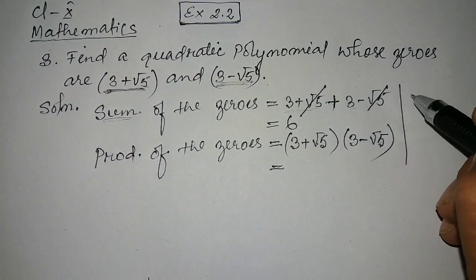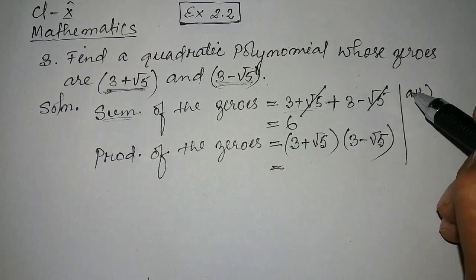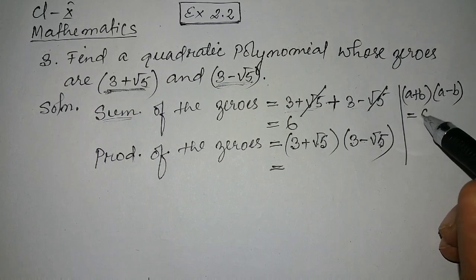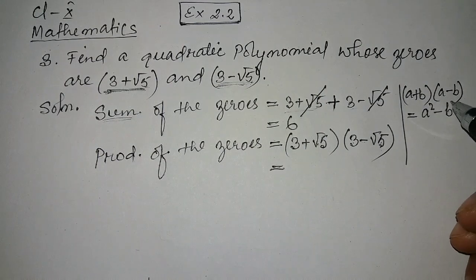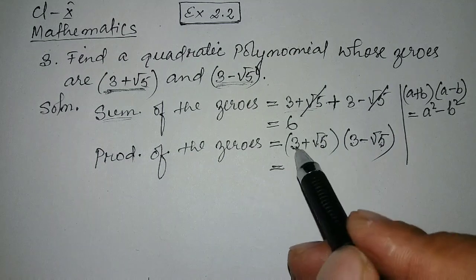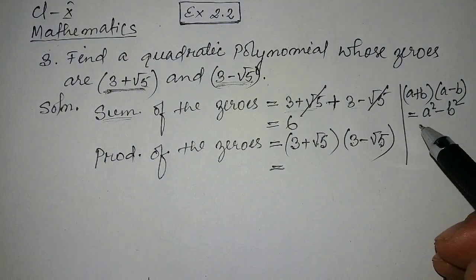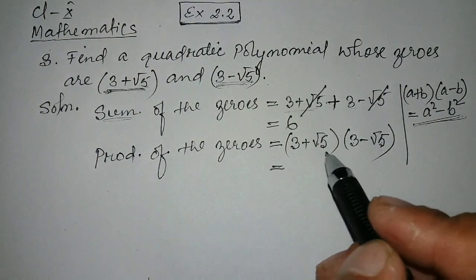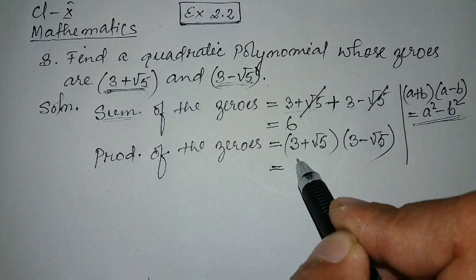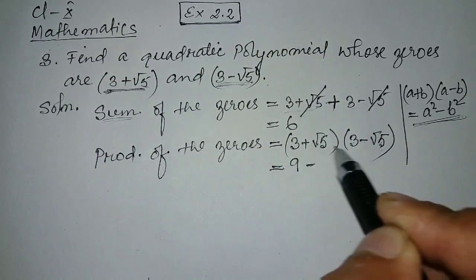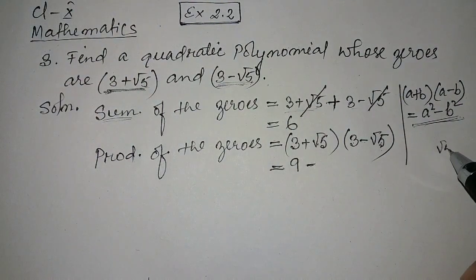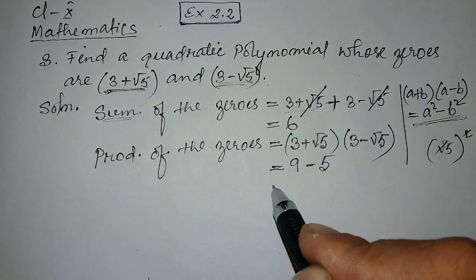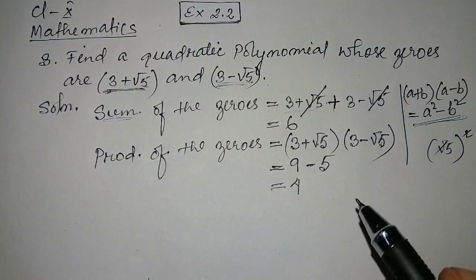The formula is: if we have a plus b, a minus b like this, then we can write a square minus b square, instead of multiplying this and this, by which our solving is shortened. So I'm going to write here 3 square, which is 9, minus root 5 square. So root 5 square is again 5. So 9 minus 5 is 4.